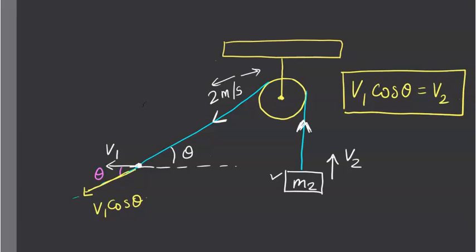Now the question will be with a numerical value. Suppose we have, for example, the numerical value of v1 to be 2 meter per second and angle theta is 37 degrees. Here I am going to give you one more piece of information.